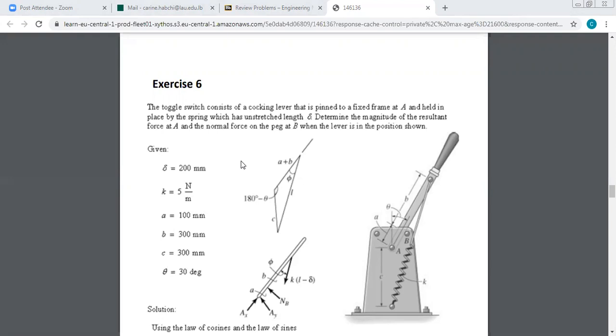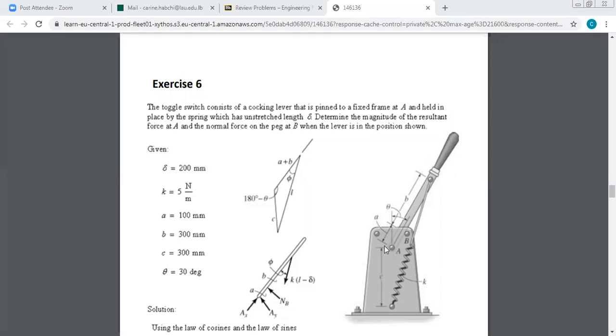So here, this is our lever. The lever is connected to a spring and it's in contact with a roller at B, and a pin at A. How do I know this? I know from the figure.